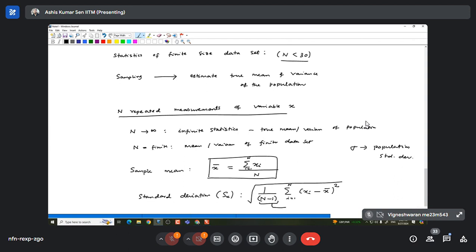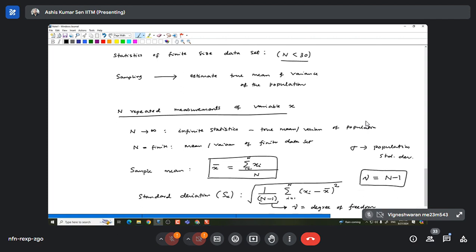So this n minus 1 is indicated by nu, which is called degree of freedom. I will come to that, what we mean by degree of freedom. In a data set, the degree of freedom nu, particularly when you calculate standard deviation, is taken as n minus 1, the number of data points minus 1.